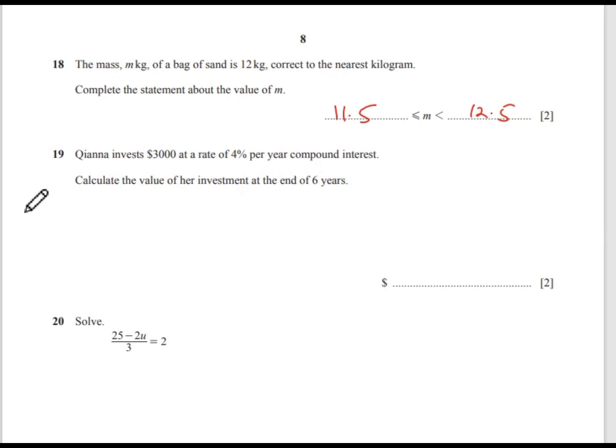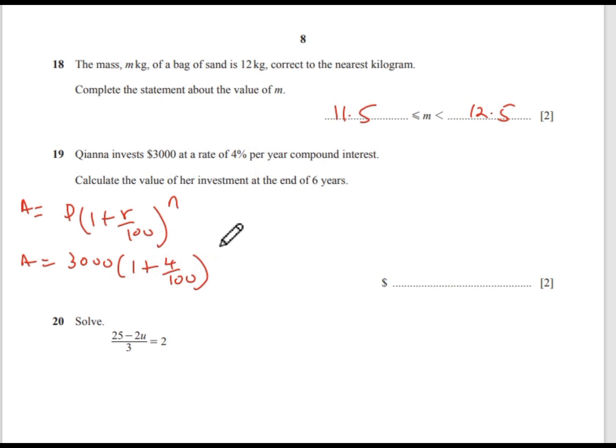The compound interest formula is given by amount equals principal, bracket 1 plus r over 100, raised to the power of n. Our principal here is 3,000, the rate is 4 over 100, and n is the number of years, that's 6 years.